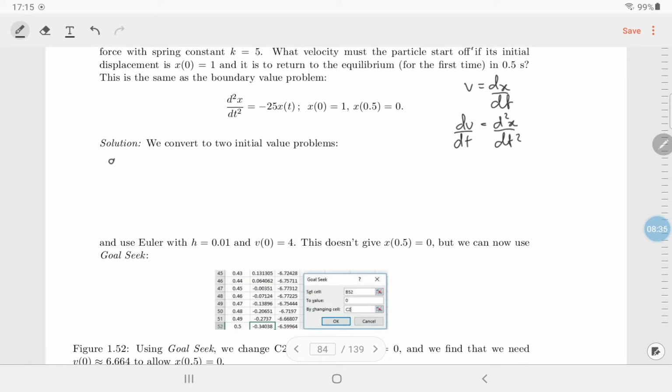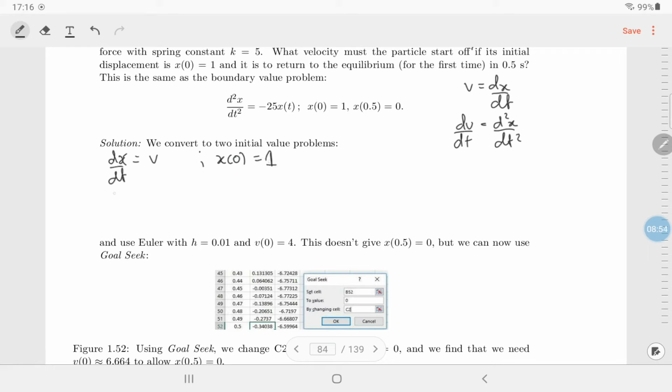So dx/dt is v. Put that with the initial value of x, which is 1 from the question.